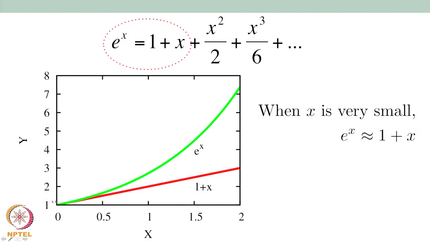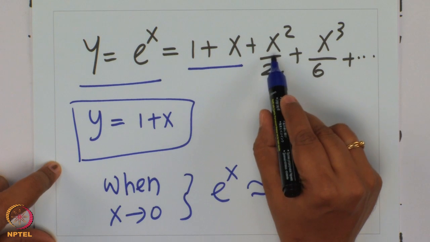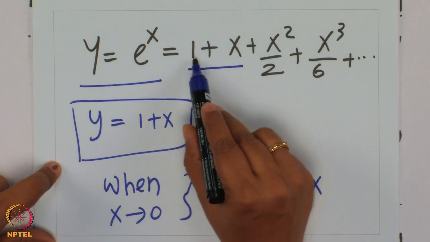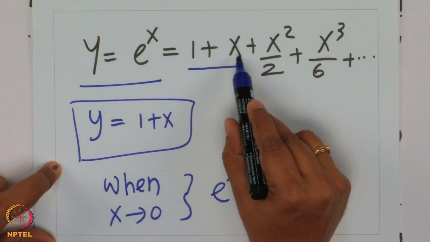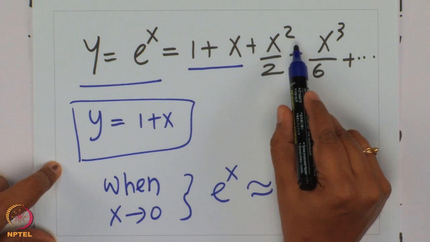Only when x is very small, e power x is approximately 1 plus x; in all other cases this will not be true. Why do we get this? Why is e power x approximately 1 plus x when x is very small? Because let us say when x is 0.01, 1 plus 0.01 is 1.01, plus 0.01 square, right?